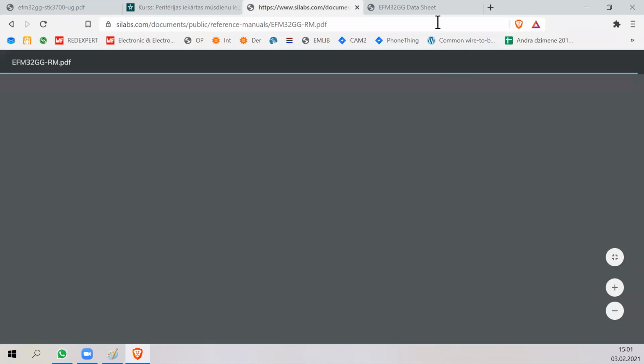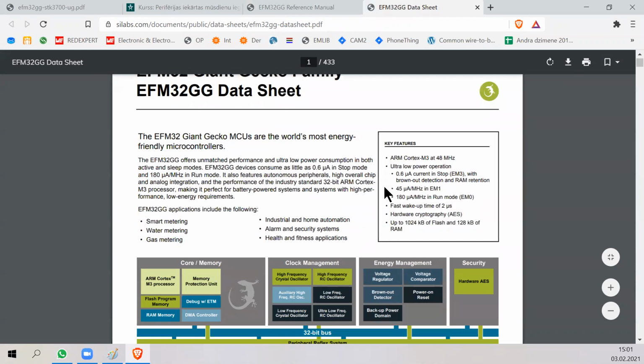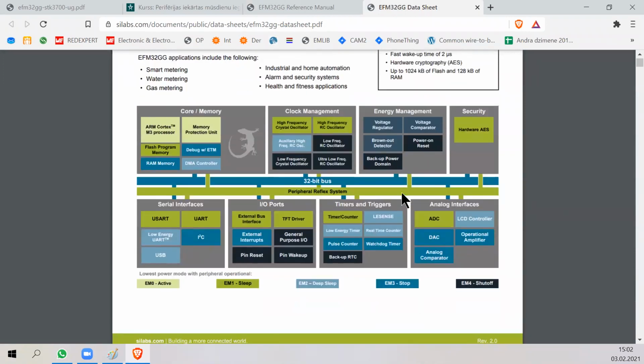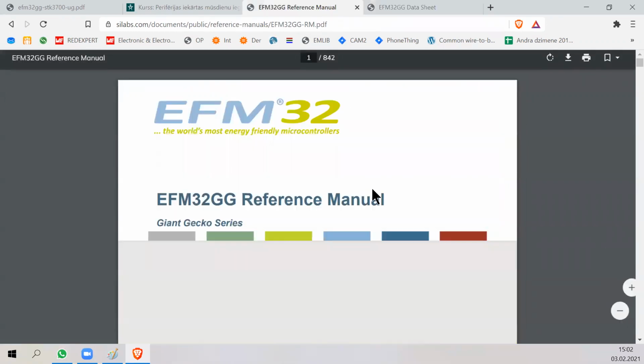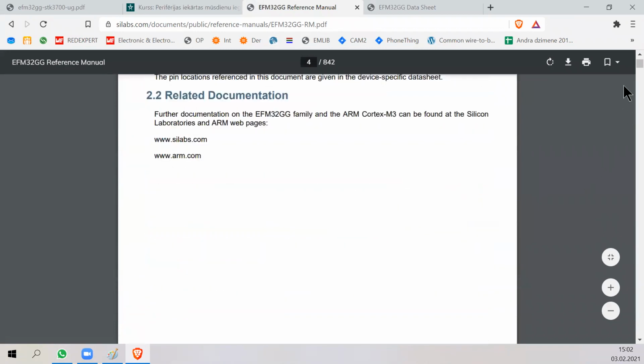So in the datasheet, we have information about electrical characteristics of this microcontroller. For example, how much electricity does it consume while sleeping? What is its maximum speed? For example, these are, I think, 48 megahertz processors. We know what kinds of internal peripherals they have. And in the reference manual, it describes how each of the peripherals works.